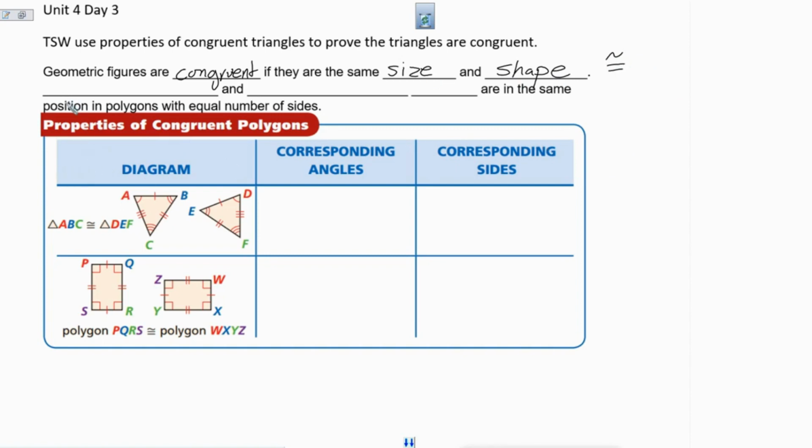When we're talking about congruent triangles and congruent polygons in general, congruent angles, or corresponding angles, have to be in the same position. And corresponding sides also need to be in the same position.